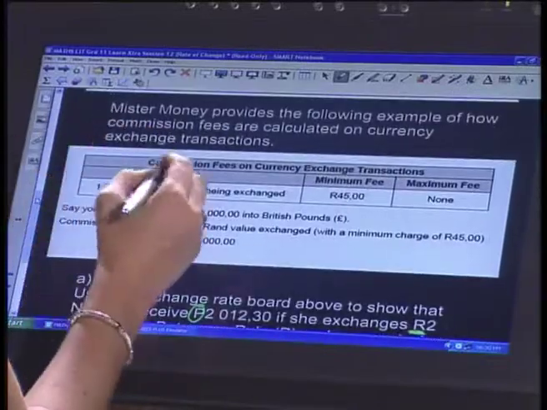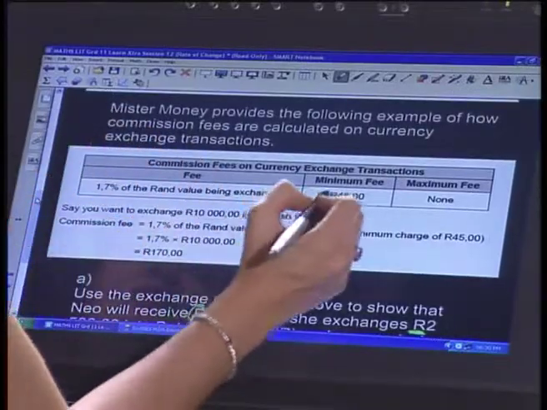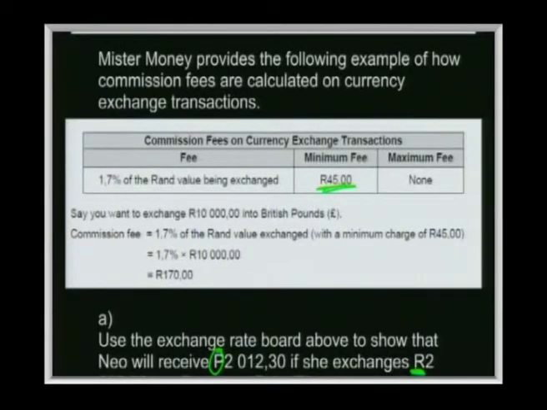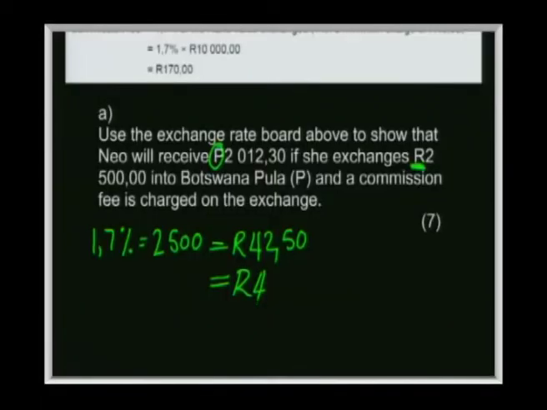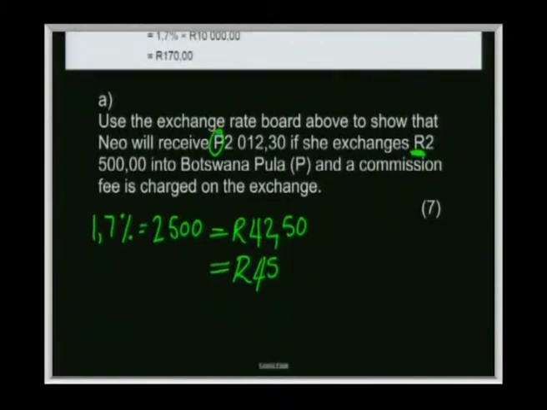Or if we read it out in rands, 42 Rand 50. But in our board over here, it says that the minimum fee is 45 Rand. So 42 Rand is less than 45. So we are going to say, well, actually, Mr. Money is going to charge us 45 Rand.